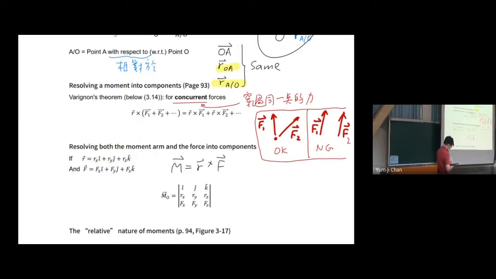Now, if we use the equation on the last page, we can have MO as the determinant of this one. To get the value of the determinant, of course we go this way and then this way.